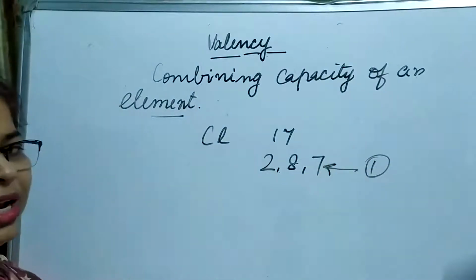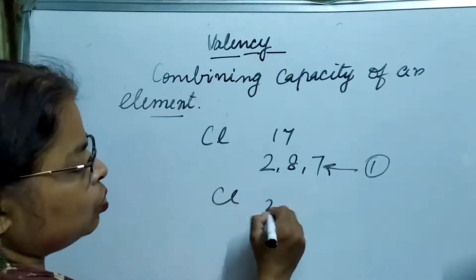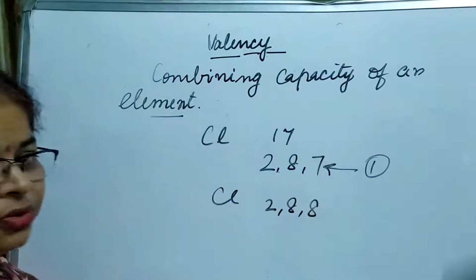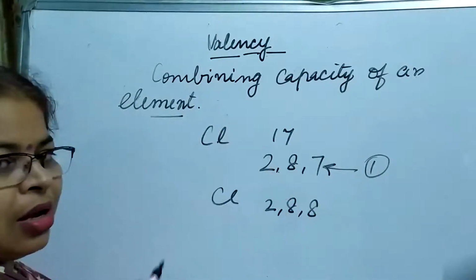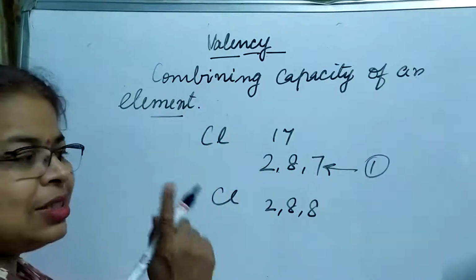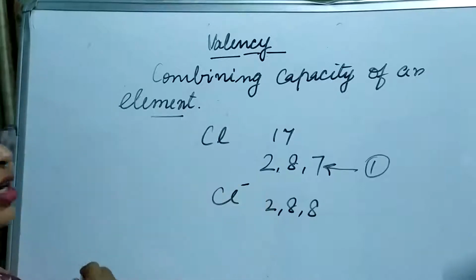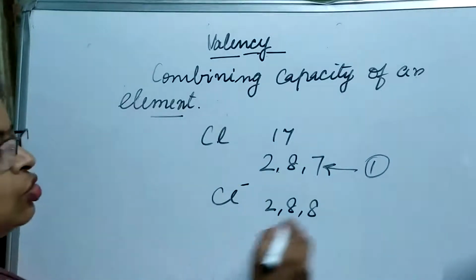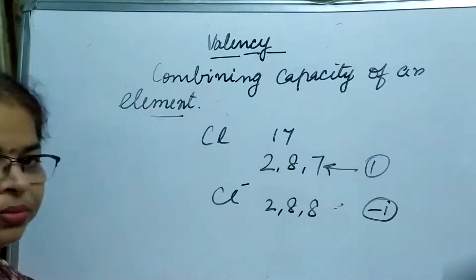If it gets 1 electron, the configuration would become 2, 8, 8. How many total protons? 17. How many electrons? 18 after taking 1 electron. So it has 1 negative charge on it. Okay. So the valency becomes -1.